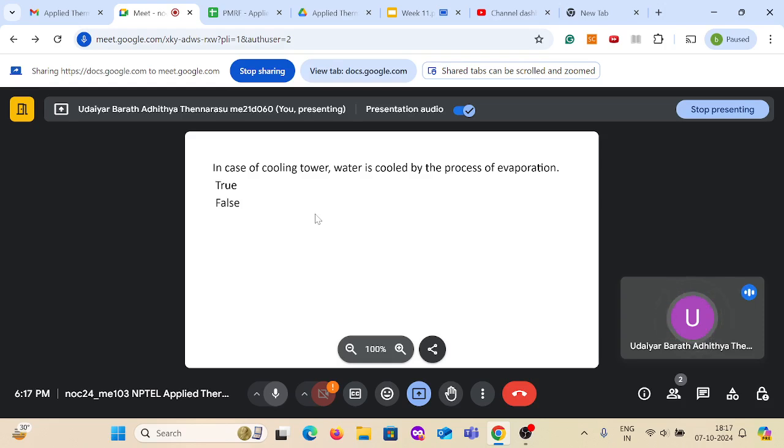You are losing some amount of water in the process, but the temperature of the water falls and you can go till your wet bulb temperature. That's the minimum temperature which you can reach for the water. In this case your water is getting cooled because of the process of evaporation of water. So the answer is option A, true.